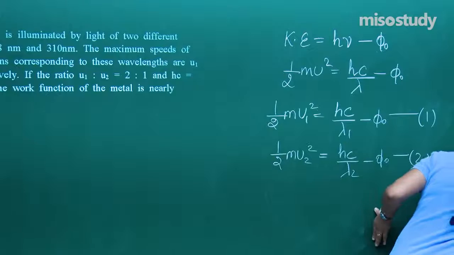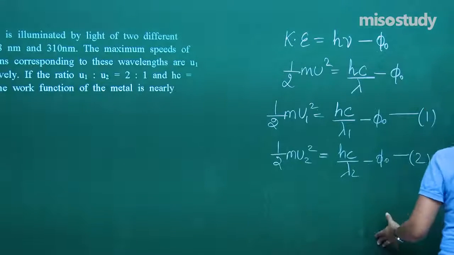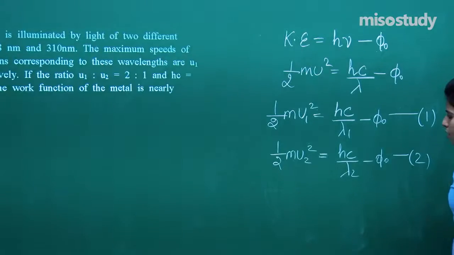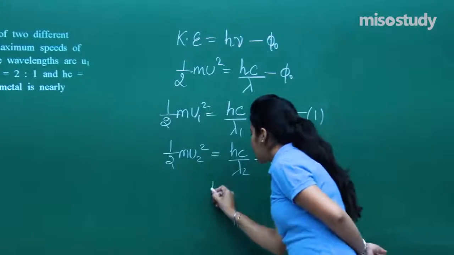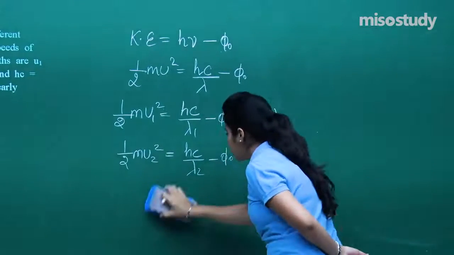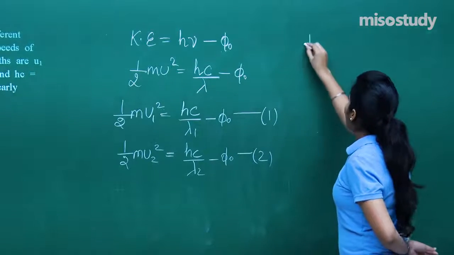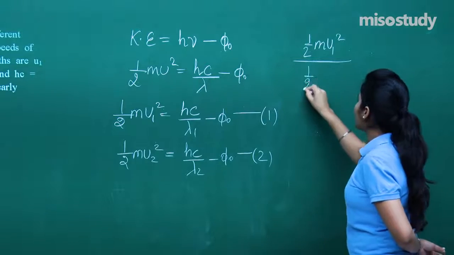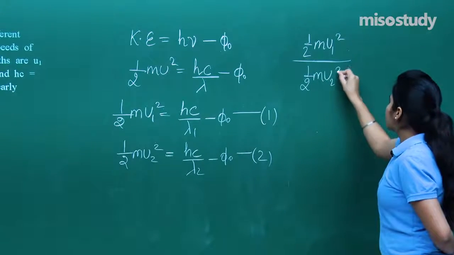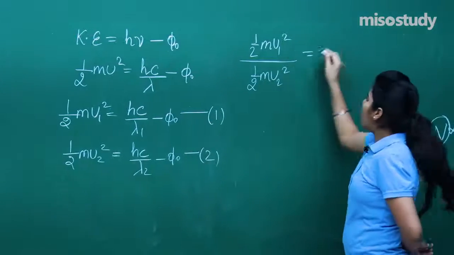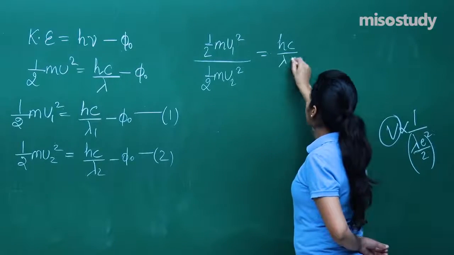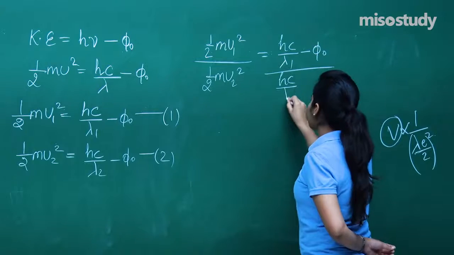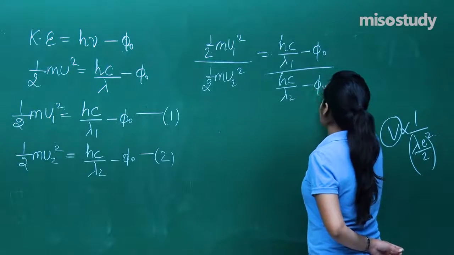I will then be having half m u1 square divided by half m u2 square equals hc by lambda 1 minus phi naught divided by hc by lambda 2 minus phi naught.